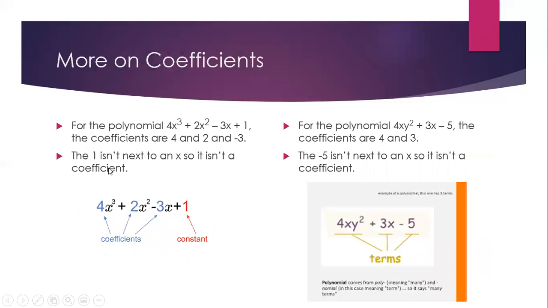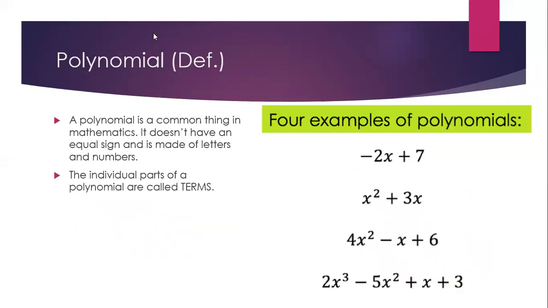So if we're going to go back and recap, let's go back to this one right here. If I took this into parts, 1, 2, 3, 4. That's 4 terms.